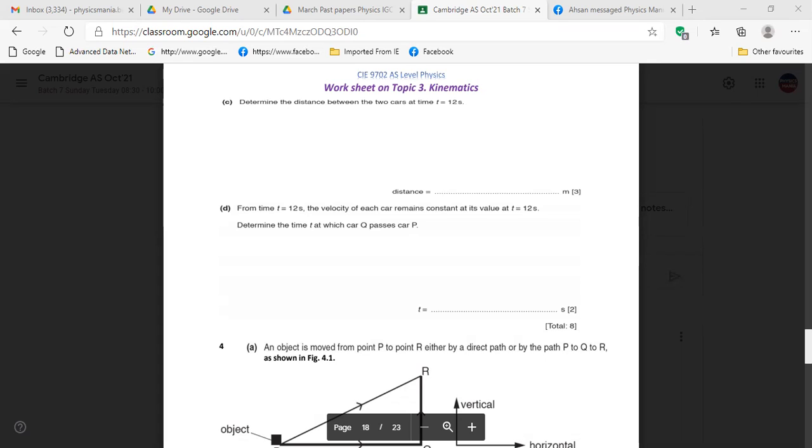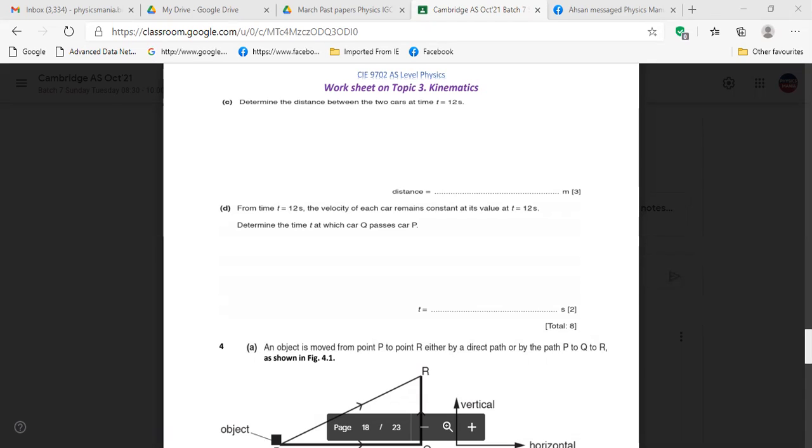The speed is 30, so 30 into 2 is 60, right? And in that time P is going how much? 24 into 2, 48. So Q is going 60 meter and P is going 48.